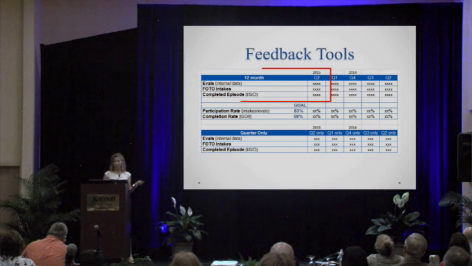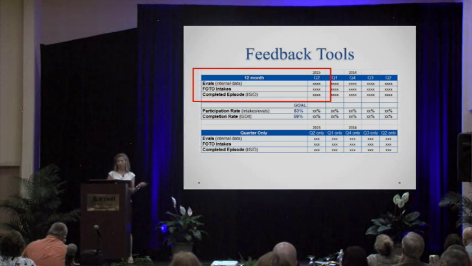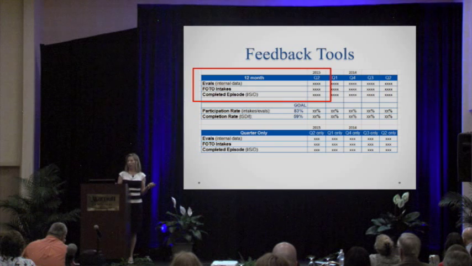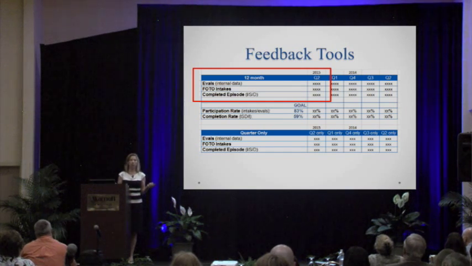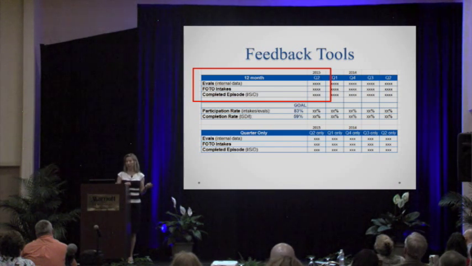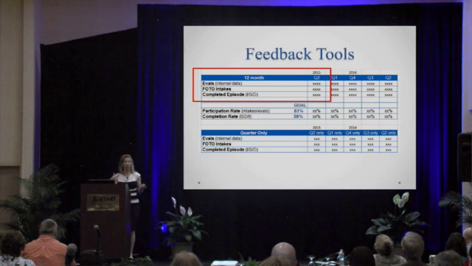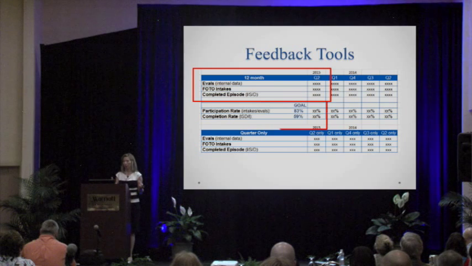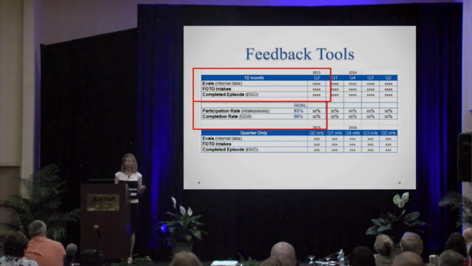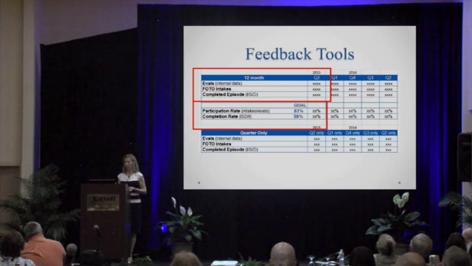So you can see the first section across a 12-month period, number of new evaluations, that's your internal data. So plugging that in, and then pulling in number of photo intakes, and then number of completed episodes from your photo reports. So there you have your numerators and your denominators.